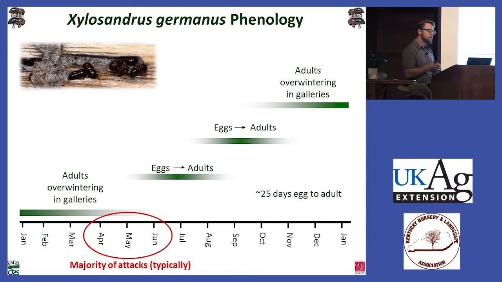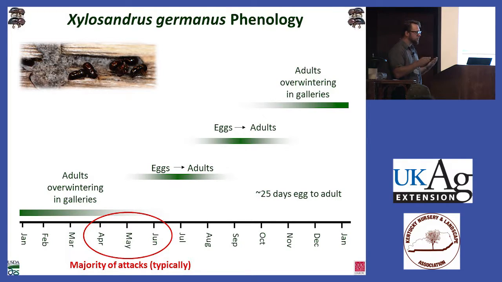In terms of their phenology, they're overwintering as adults in trees. They're not overwintering in the soil or in other substrates, they're overwintering within the trees. Those overwintering females will then emerge. In Ohio, it's generally late April to early May.